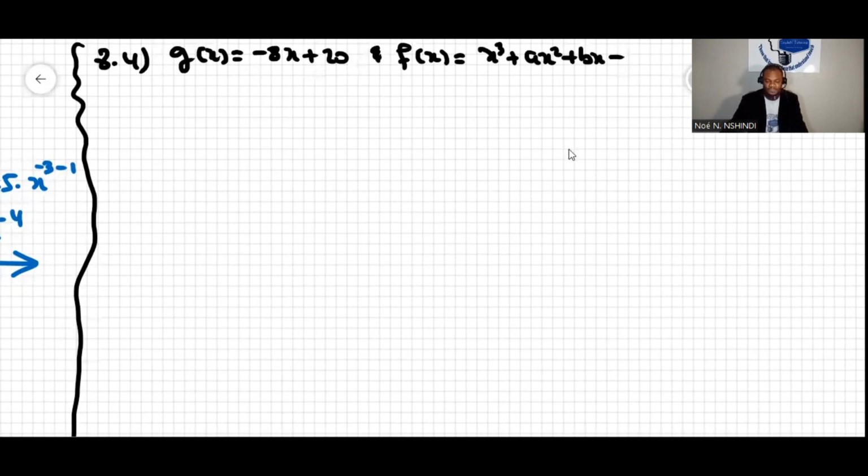Now they said g of x, this function, is tangent to this cubic function at a point x equal to 1. Now we want to find the values of a. They want us to find the value of a and the value of b.